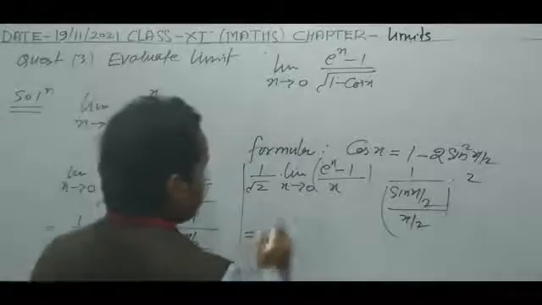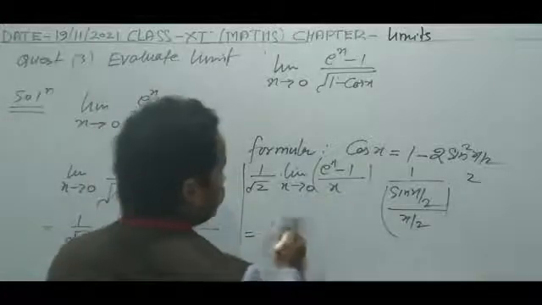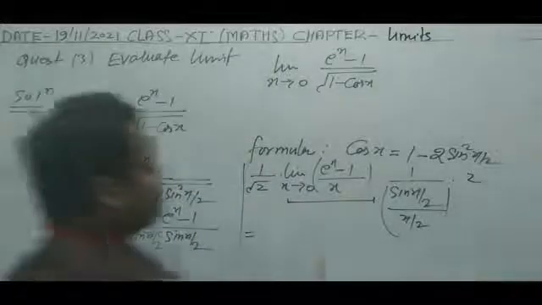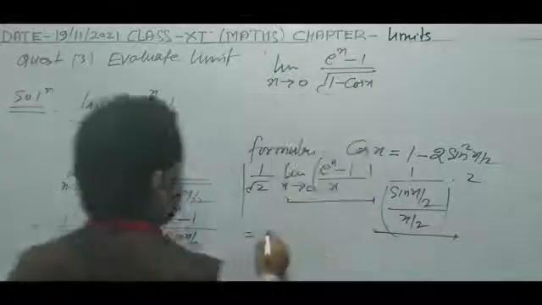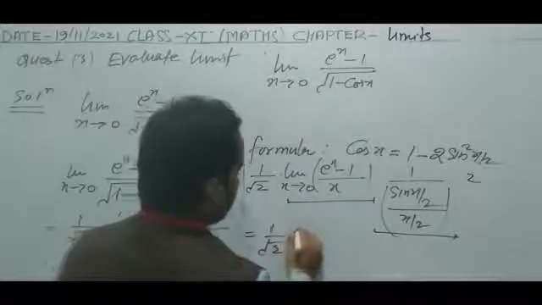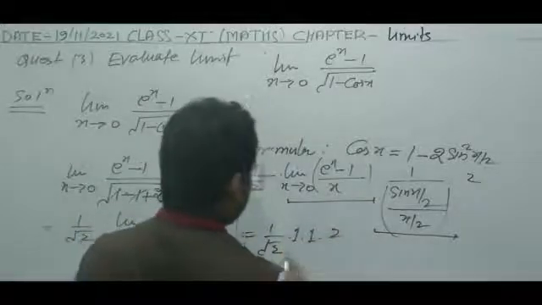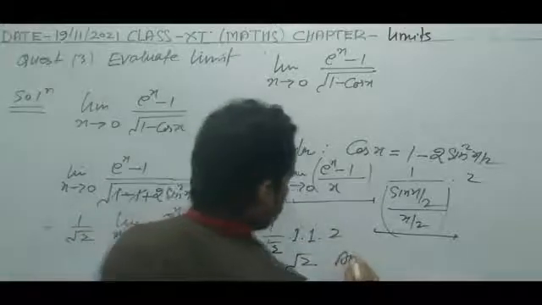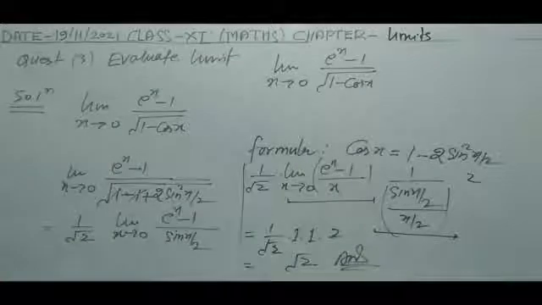Now result will be, when you will operate limit in both, so this result is 1, you know, this is the formula, and this is also 1. So 1 by root 2 into 1 into 1 into 2. Now its result will be root 2. Check it. Root 2 is the answer. Now question number 3 is completed.